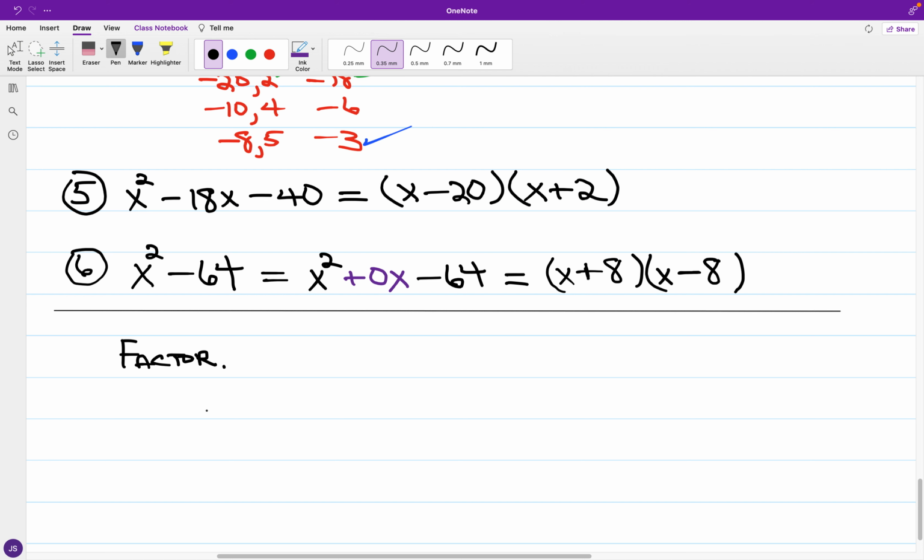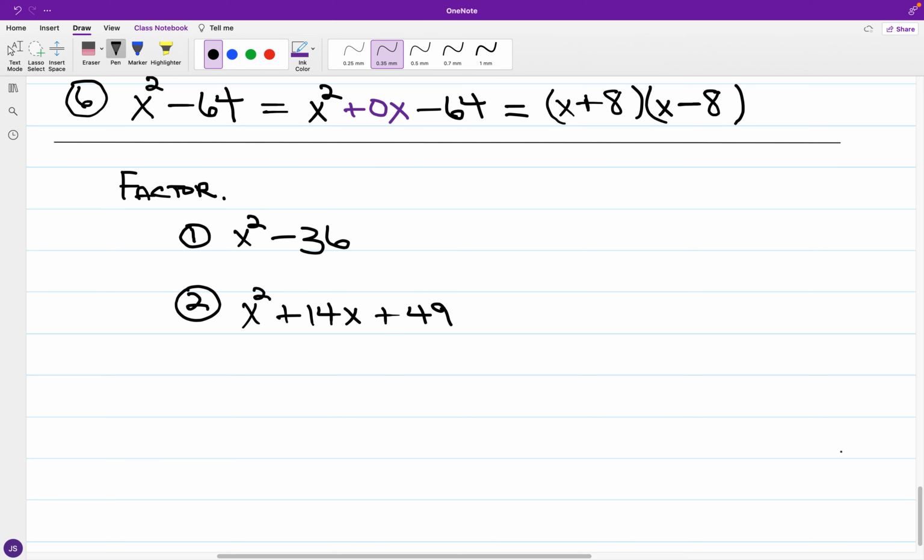And so just in the case of factoring, let's see what we get in the case of x squared minus 36, and x squared plus 14x plus 49.